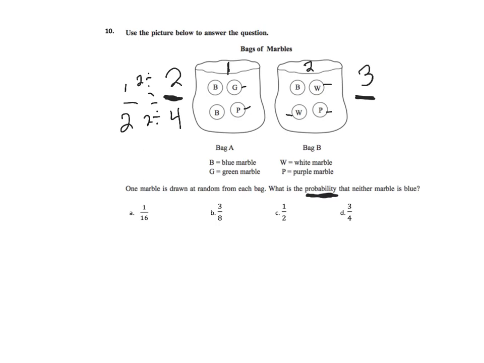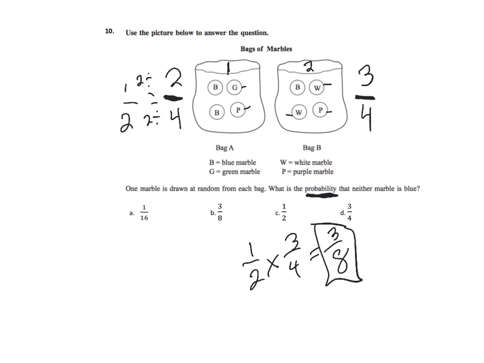Okay, so that is 3 out of the 4 are not. Now, when we have two different fractions or two different probabilities, we multiply them together. So we have 1/2 times 3/4 to give us 3/8 as our answer. So the probability that neither marble is blue is 3 out of 8 chances.